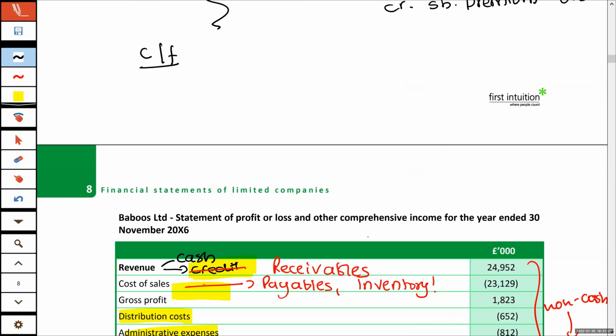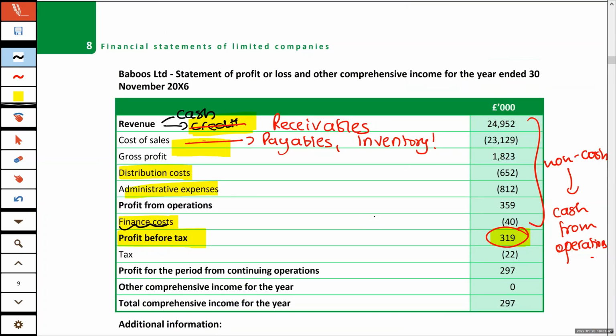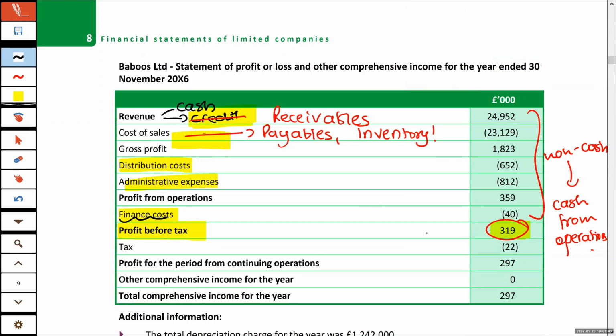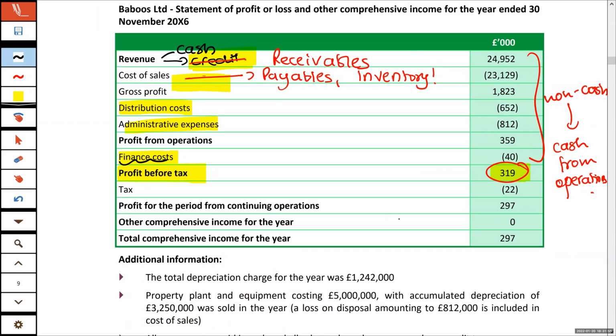So here, as we said, revenue, cost of sales, it's not easy to recognize where they are. That's where we take care of it through our receivables, our payables, and our inventory. Distribution, administrative expenses, it's not very clear from the details given to us in our P&L. Therefore, we will leave it further.